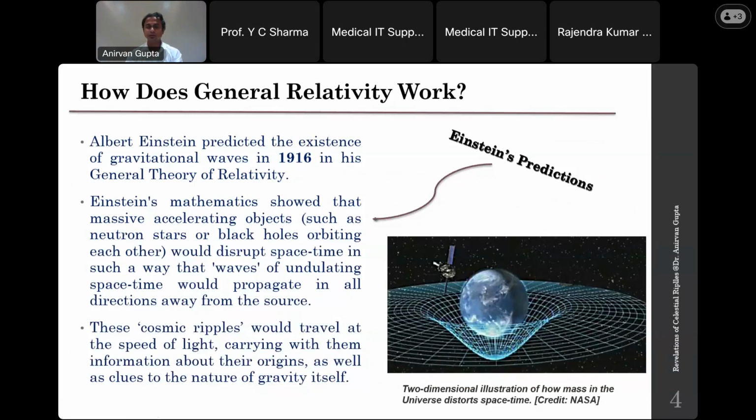In the adjacent image, imagine a fabric, and suppose Earth as a massive object falls in that fabric. How would that fabric look, and how would the ripples on it look? This is analogous to gravitational waves moving out when massive objects are treated in space-time.